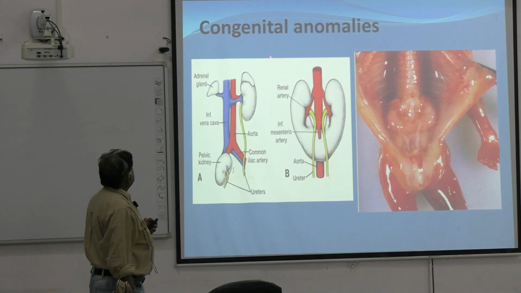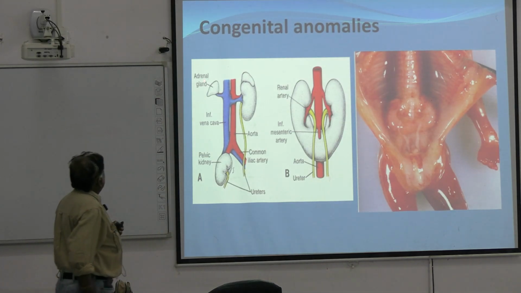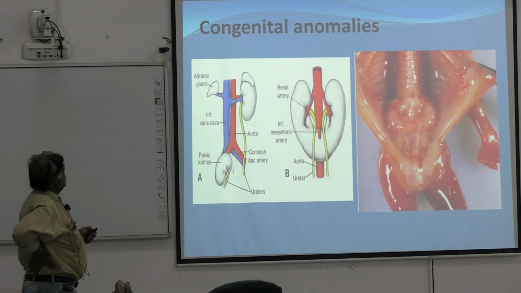Now, see congenital anomalies, the adrenal gland, and see here the left vena cava, the aorta, and these are the ureters, and this is on the left. Now, renal artery, inferior mesenteric artery, this is the ureter, and see this is a horseshoe-shaped kidney.